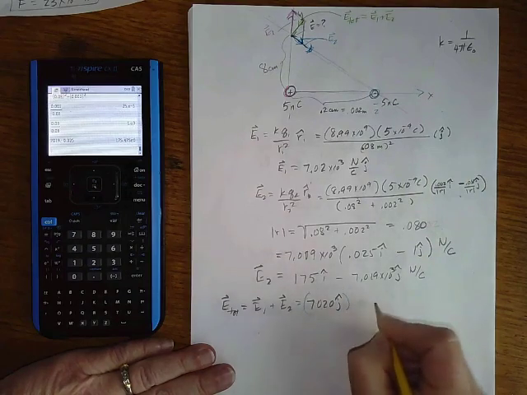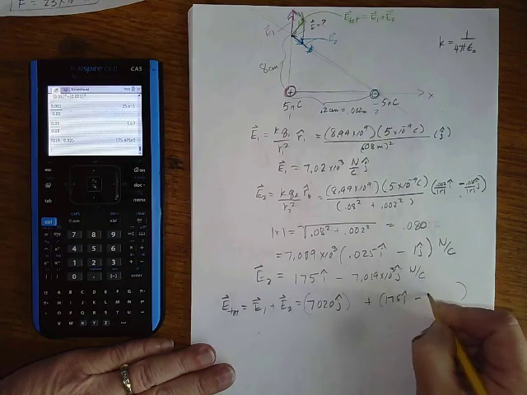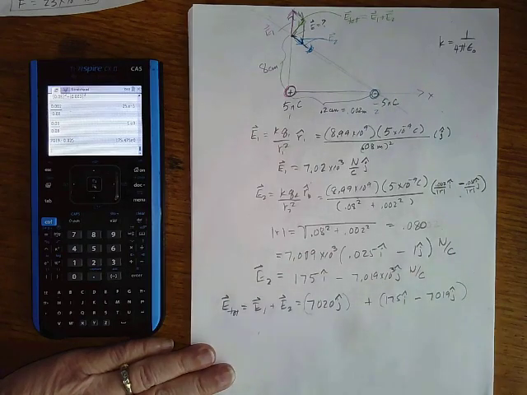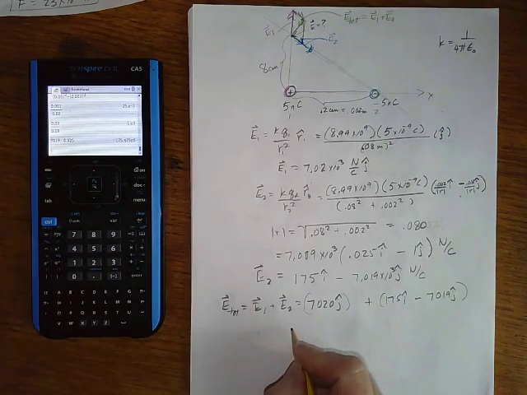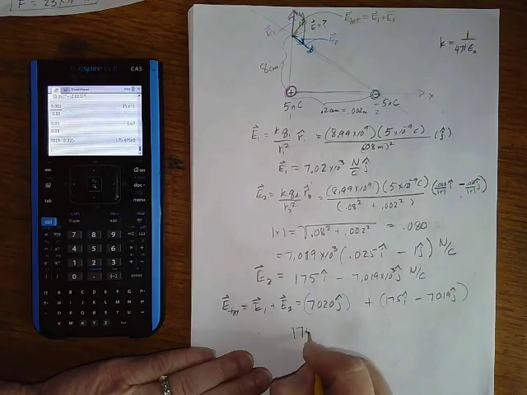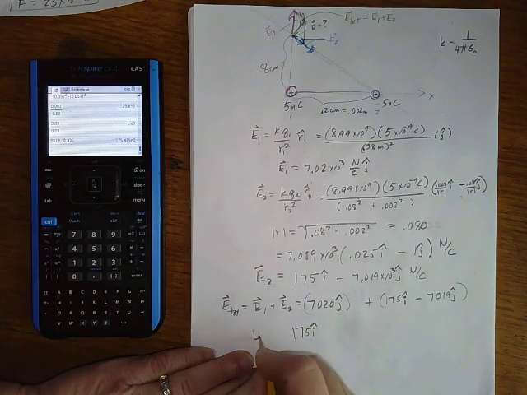And then E2 is 175 i hat minus 7,019 j hat. And that's probably just all a rounding error. And so we end up with basically 175 i hat as E total.